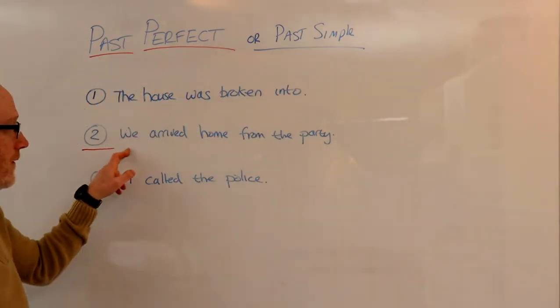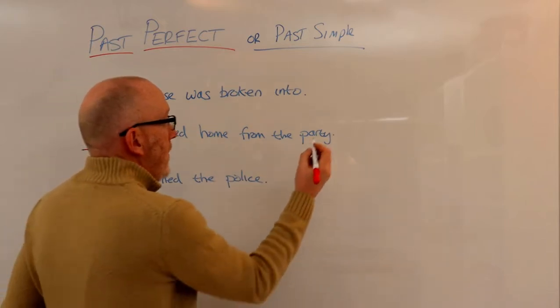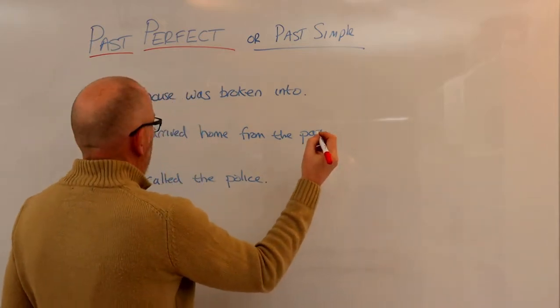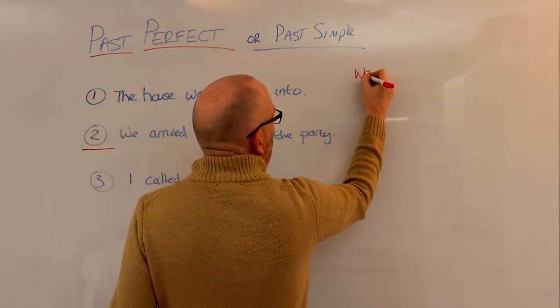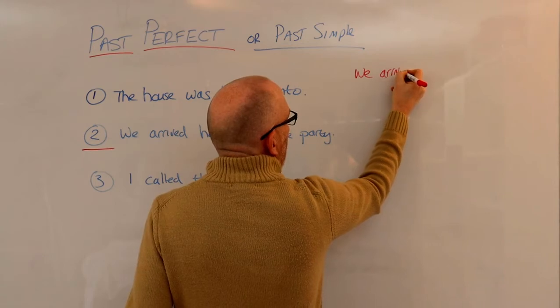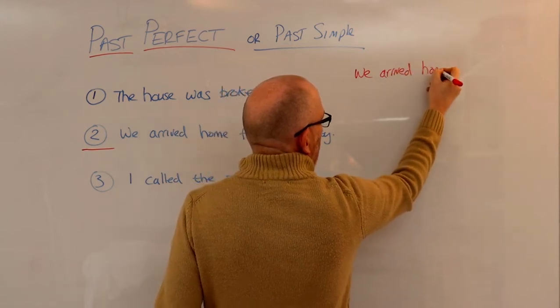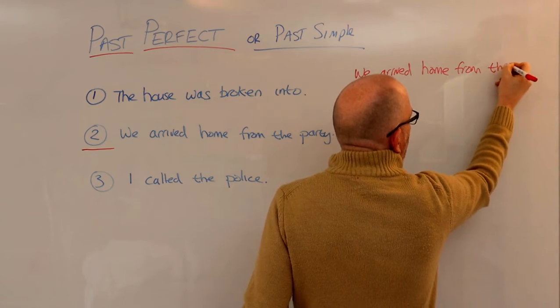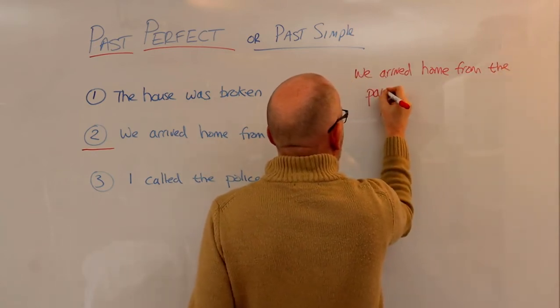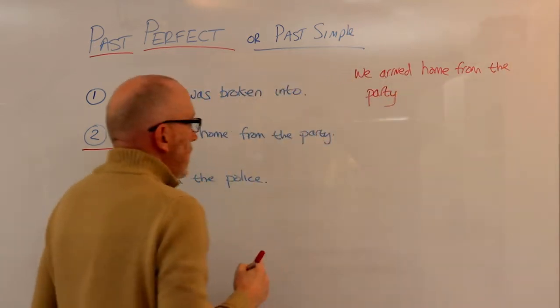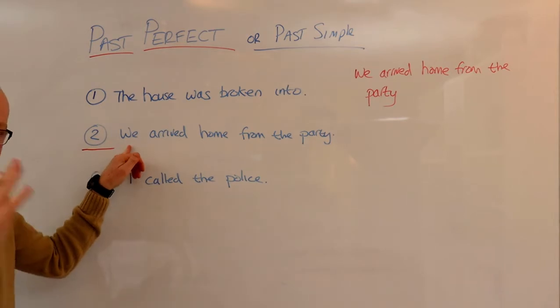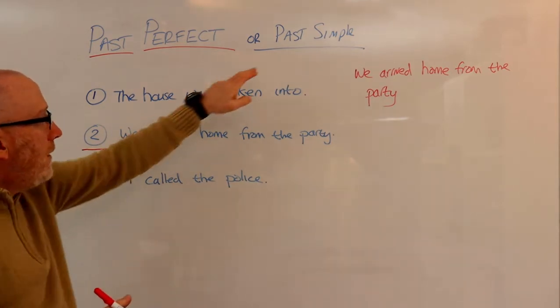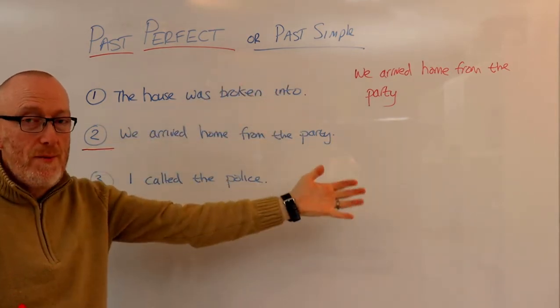So the sentence: we arrived home from the party. Okay, so this is our fixed point in time, and we're using simple past. We arrived home from the party.